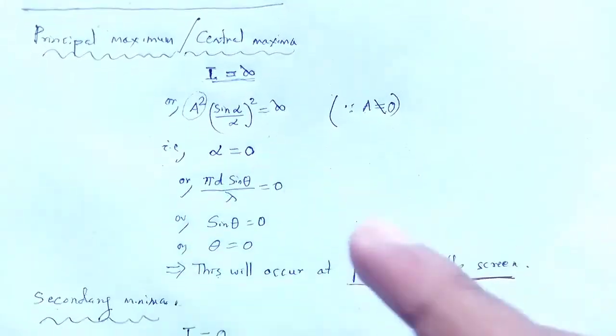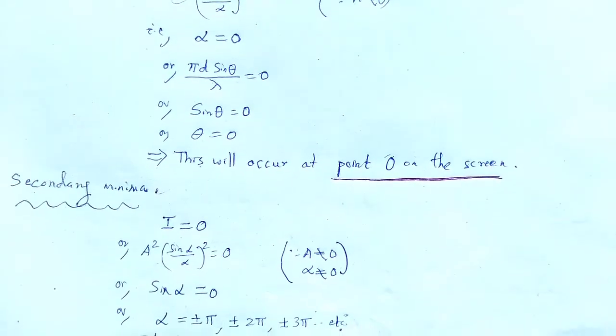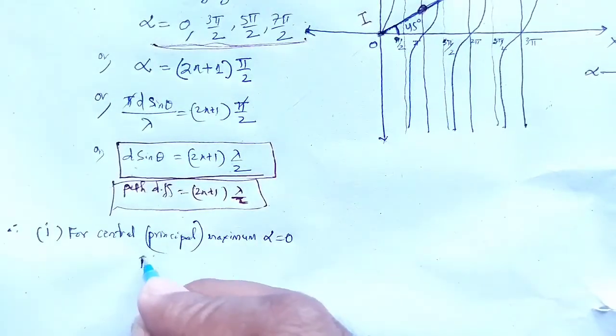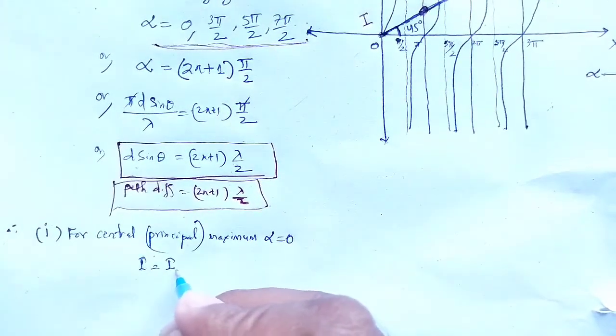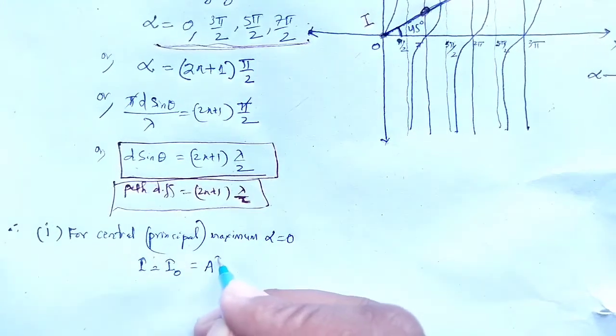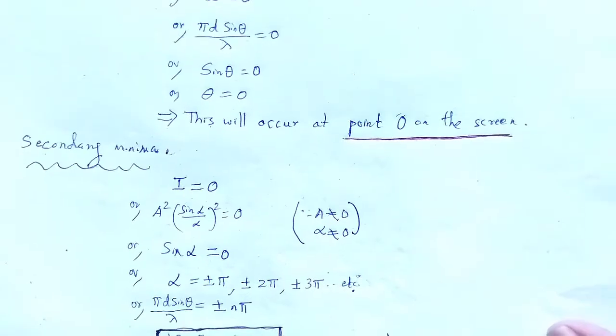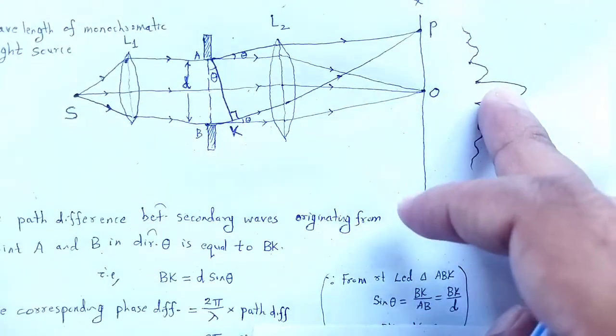When alpha is equal to 0, the intensity I is equal to I0, which is equal to a square. From the figure, we obtain the central maximum here.